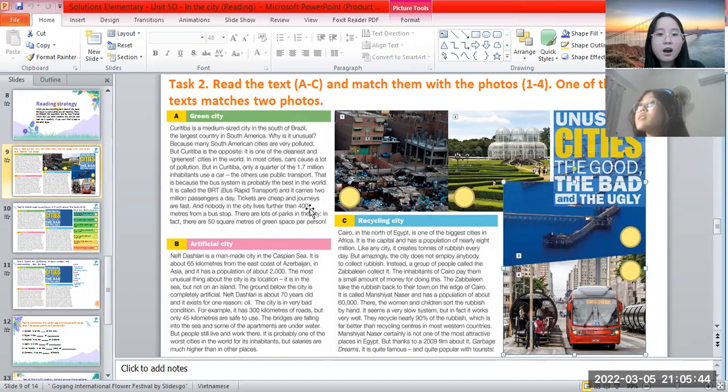So you are going to read the texts from A to C and then match them with the photos from 1 to 4. Can you hear my voice? Yes. Okay, so now you can do it.